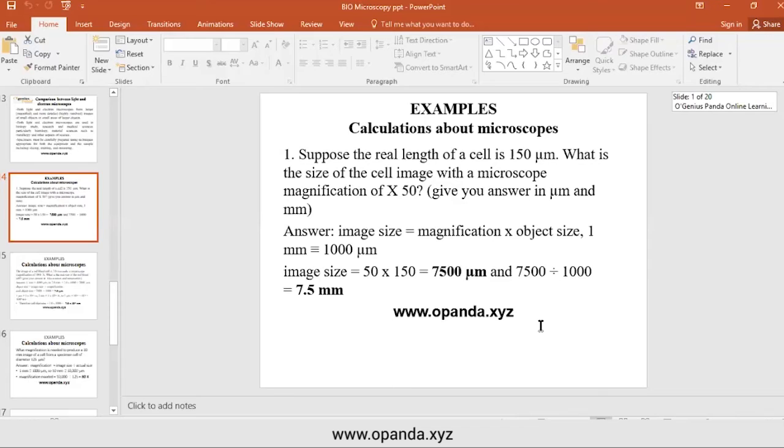Remember that 1 millimeter is equal to 1,000 micrometers. That's why the image size is equal to the magnification of 50 times the object size of 150 micrometers, which is equal to 7,500 micrometers. And you should now divide by 1,000 to get the answer in millimeters. Any question here? No. Okay, thank you.